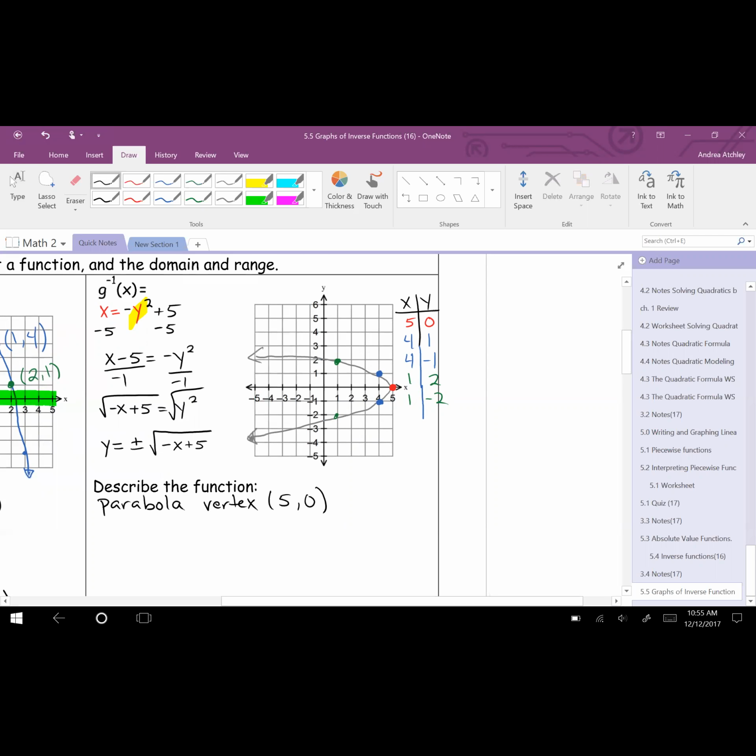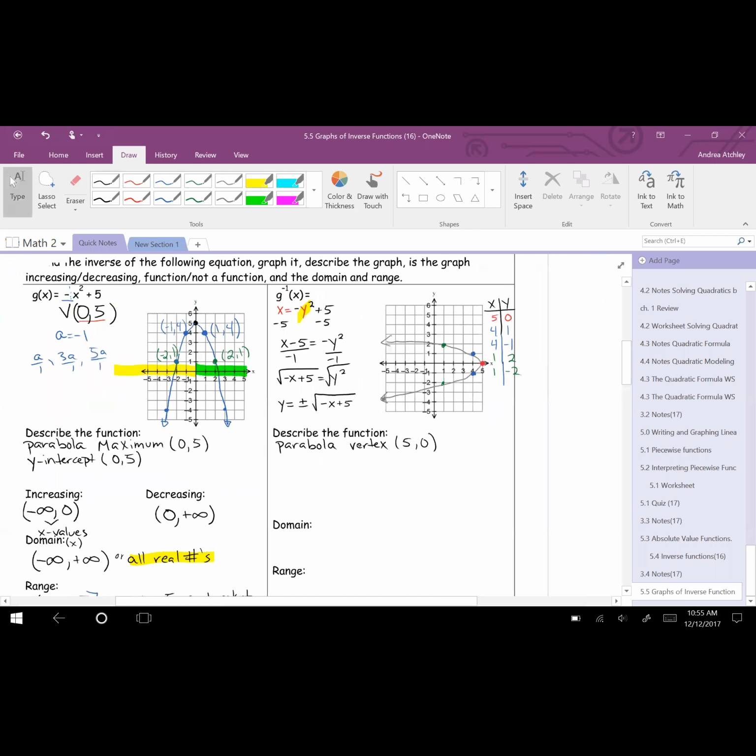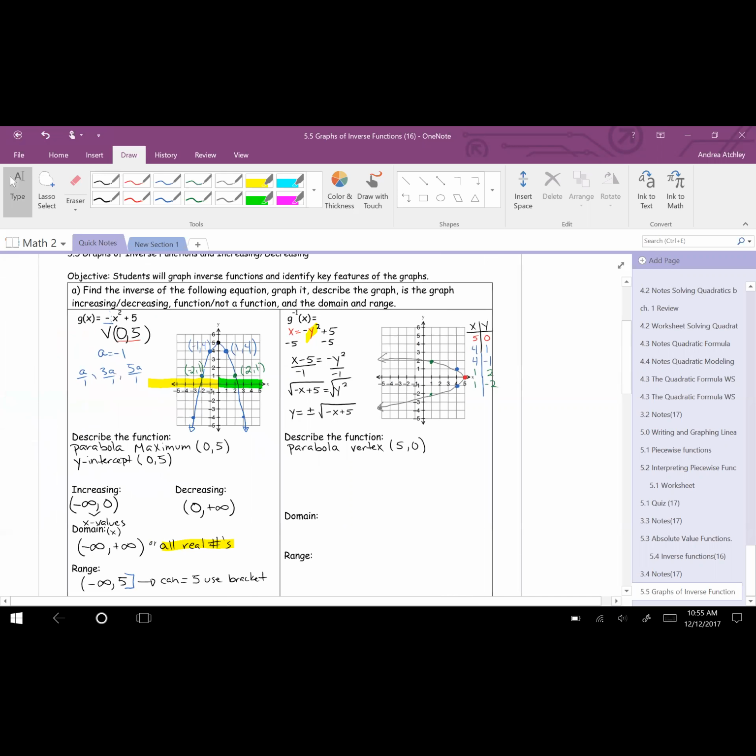Is my vertex a maximum or a minimum point when it faces sideways? Maximum is the highest point or the lowest point. Okay, this doesn't have a highest point. It's going to go on forever. And it's going to go down forever as well, so it doesn't have the lowest point either. Okay, so this doesn't have a max and min.